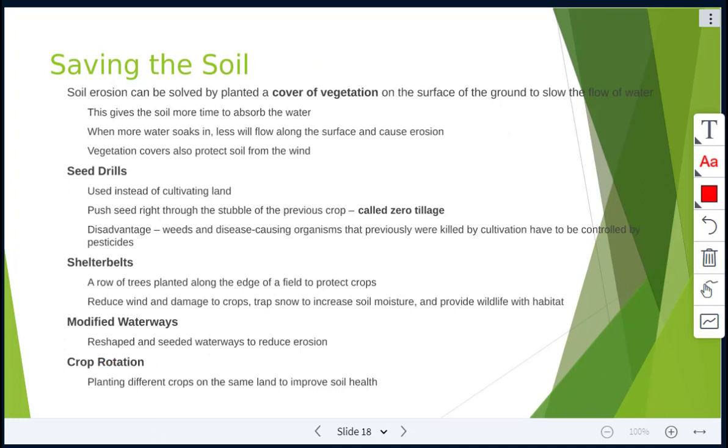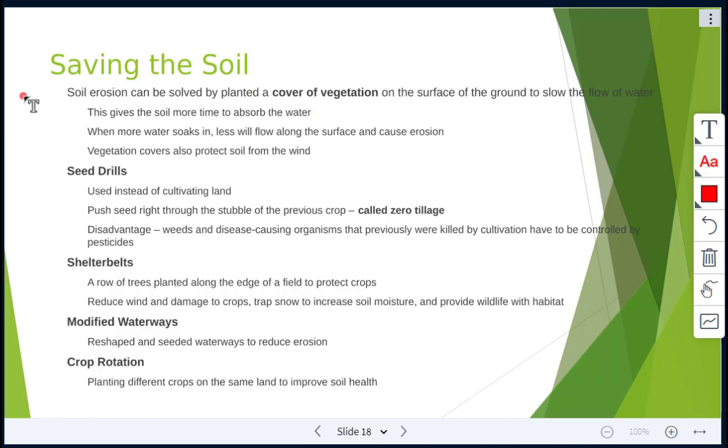Like that video was showing, organic matter is very important because it has a lot of nutrients that the plants need to grow. So, saving the soil. One method of saving the soil, especially if there's soil erosion, is planting a cover of vegetation on the surface of the ground.